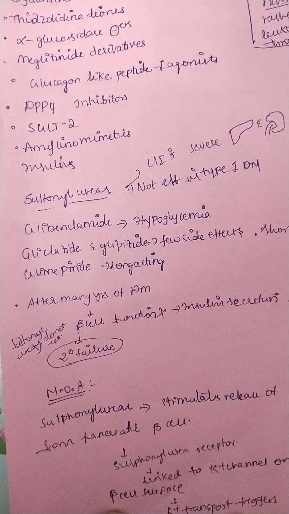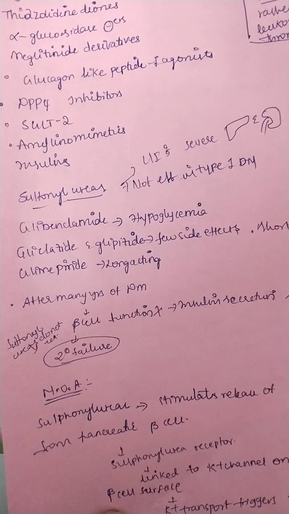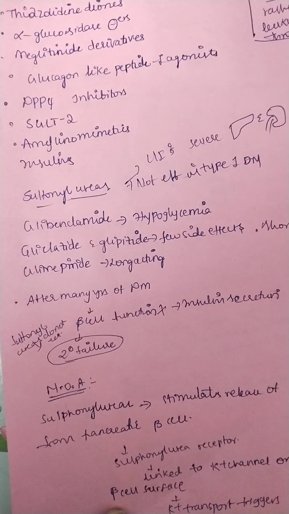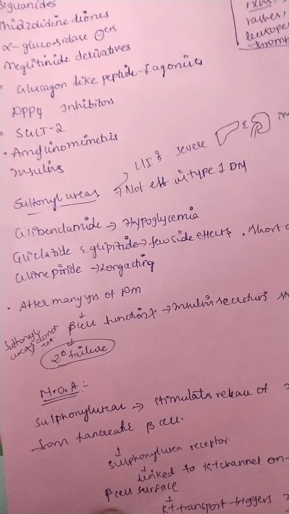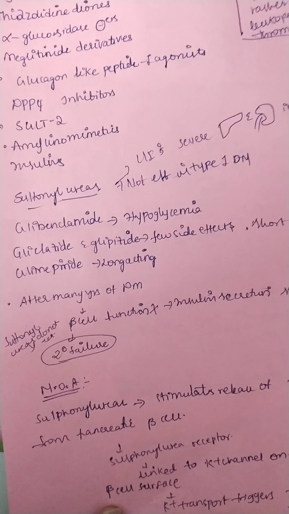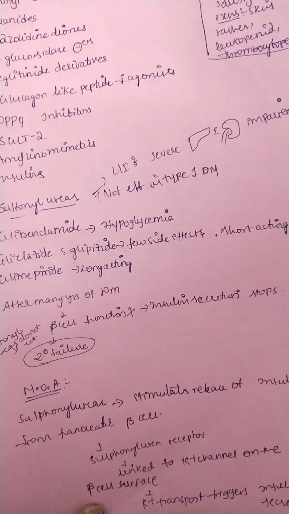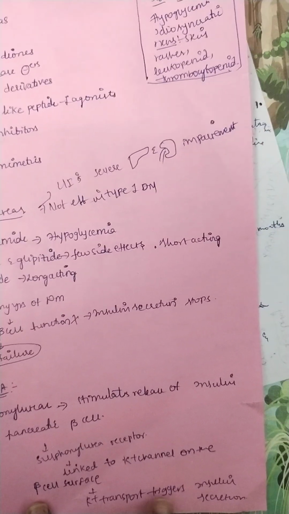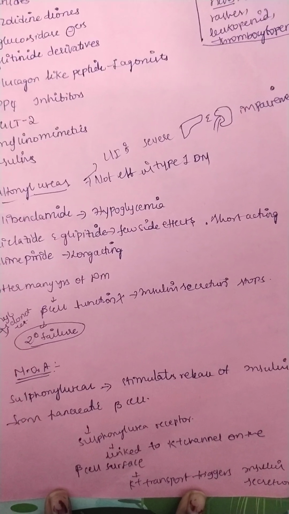These sulfonylureas enhance insulin secretion. Now there is no point if there is no insulin secretion, which leads to the failure of sulfonylureas, known as secondary failure. They fail to act because there is no insulin secretion. Mechanism of action: sulfonylureas stimulate the release of insulin from the pancreatic beta cells.